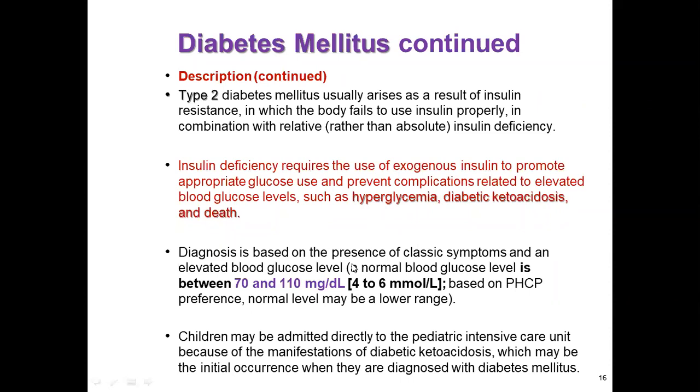So how do we diagnose diabetes mellitus? Diagnosis is based on the presence of classical symptoms and an elevated blood glucose level. The normal blood glucose level is between 70 to 110 milligrams per dL, or 4 to 6 millimoles per liter.